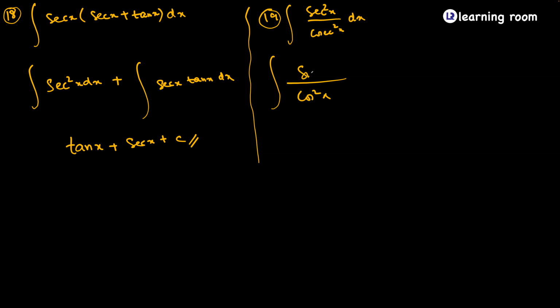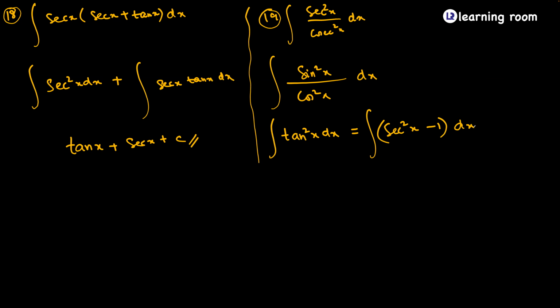So this will become sin square x by cos square x dx, so the integral of tan square x dx. Unfortunately, we don't have a direct formula for tan square x also, but we can still write it in terms of a known quantity, secant square x minus 1 times dx, because that is an identity.